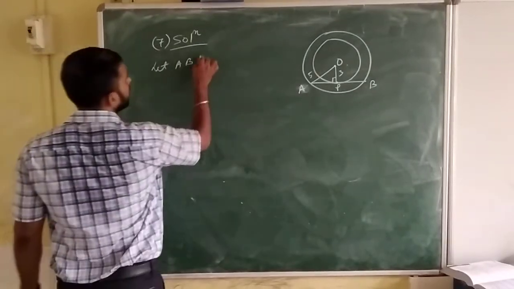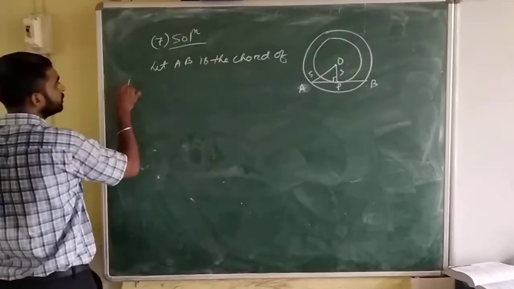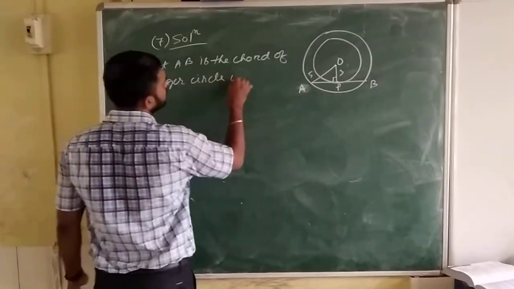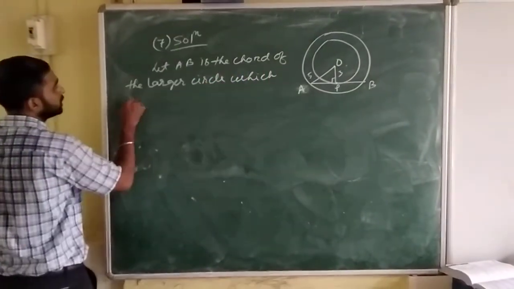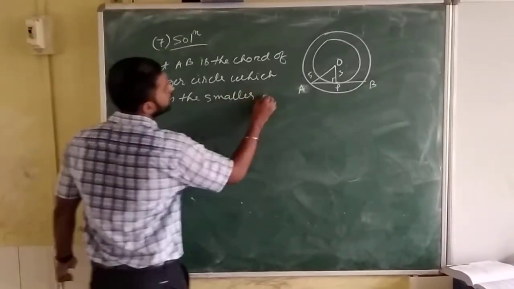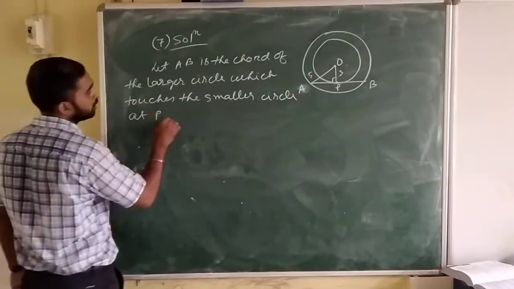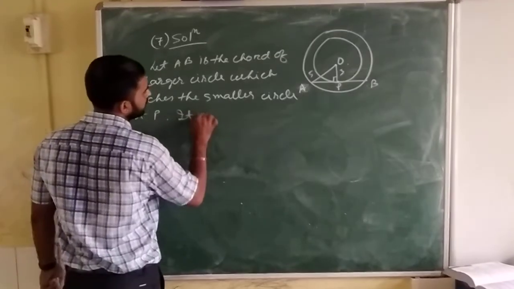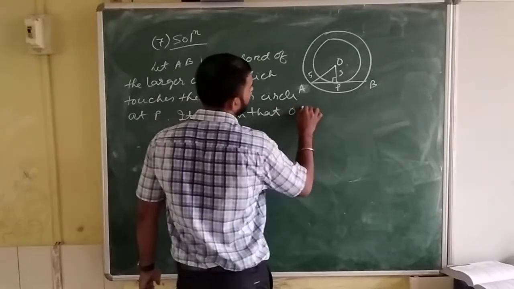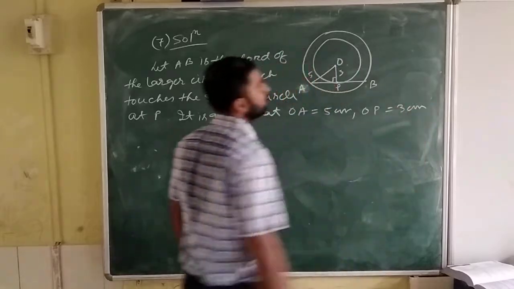Let AB be the chord of the larger circle which touches the smaller circle at P. It is given that OA equals 5 cm and OP equals 3 cm.